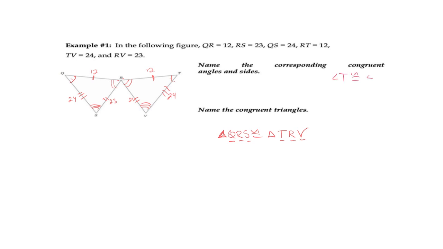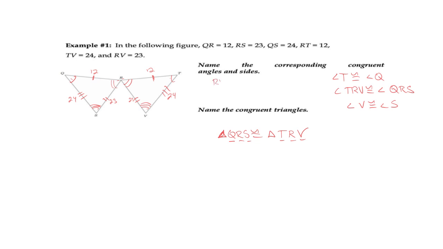Angle T is congruent to angle Q. Angle TRV is congruent to angle QRS. And angle V is congruent to angle S. Right? It doesn't matter which order. If you wrote S to V, it doesn't really matter. The only thing that matters is the order of the 3 letters in TRV. That R has to be in the middle of both.